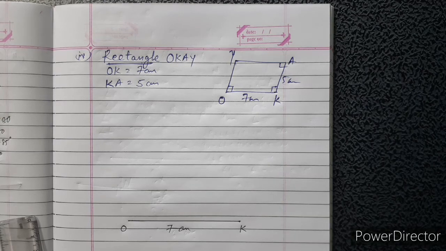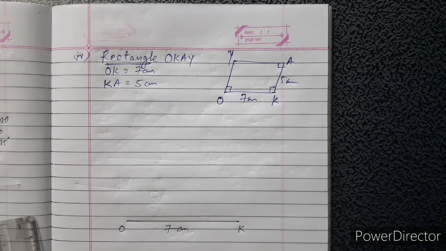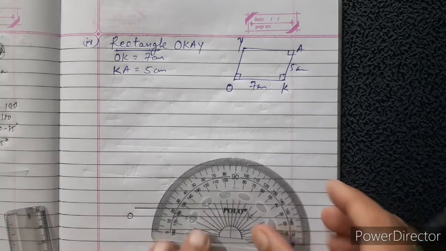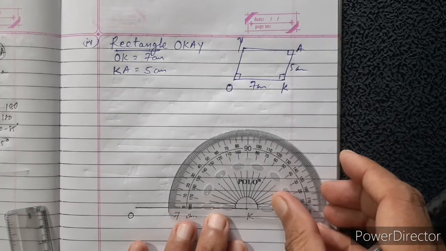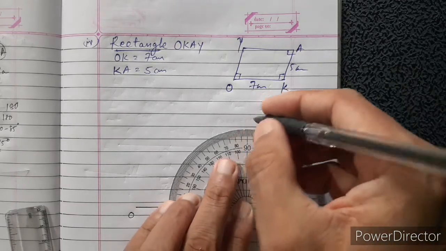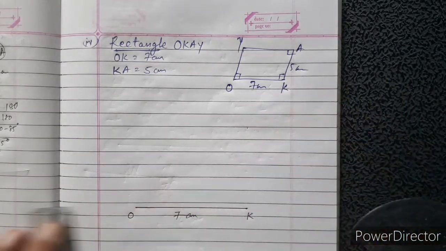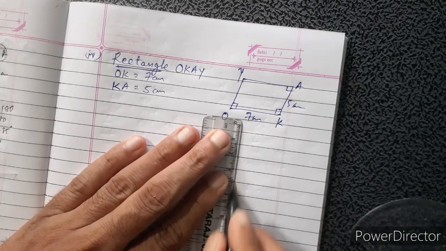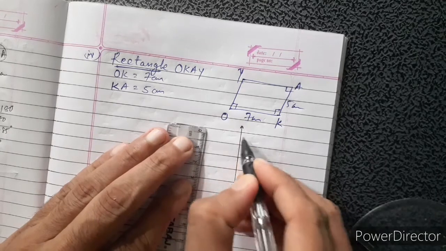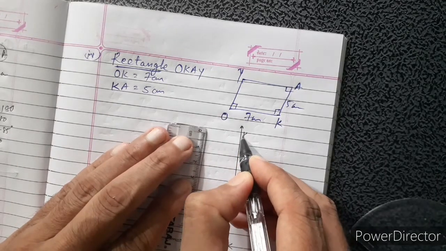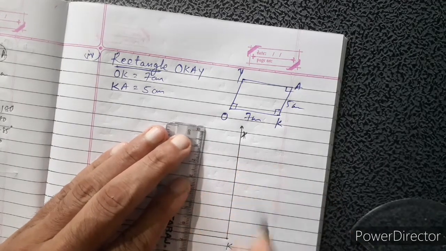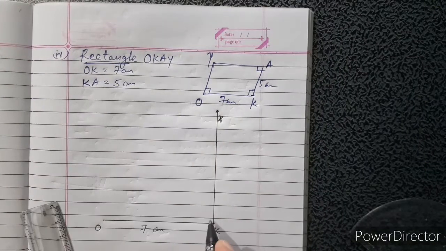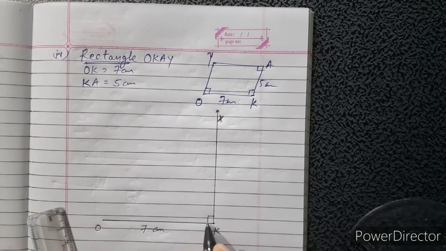Okay, with help of half circle. Here look, that is 90 degree. KX. Okay, and measurement is 90, that is 90 degree.